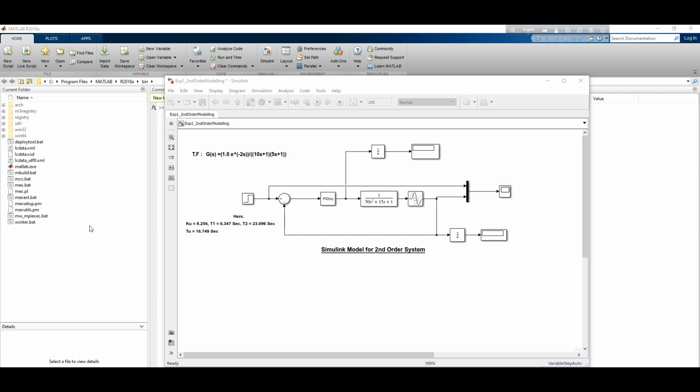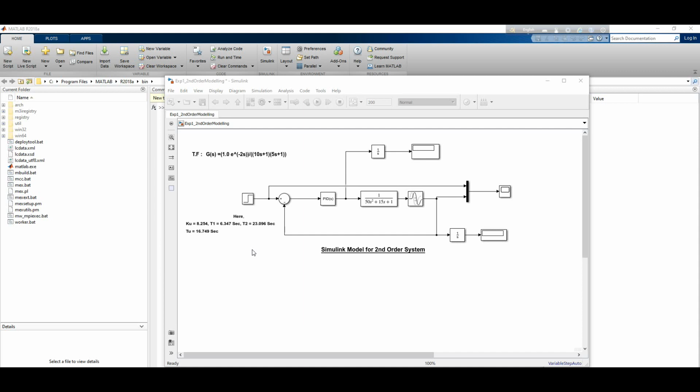Hello everyone, this is our process control lab. In the previous video we saw how to model a first order system using MATLAB simulation tools and determine the process parameters of an unknown system.